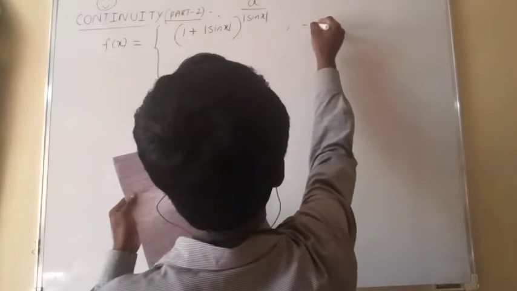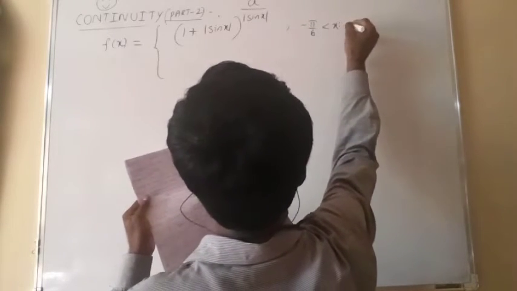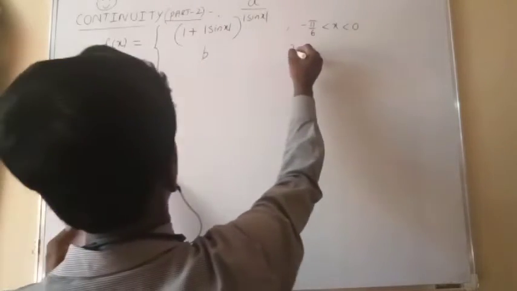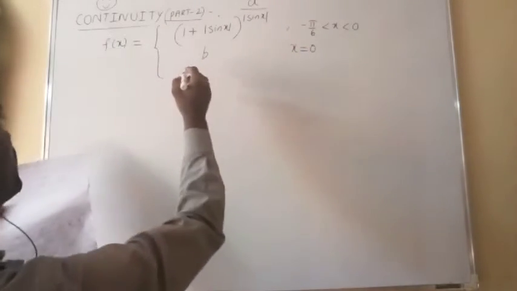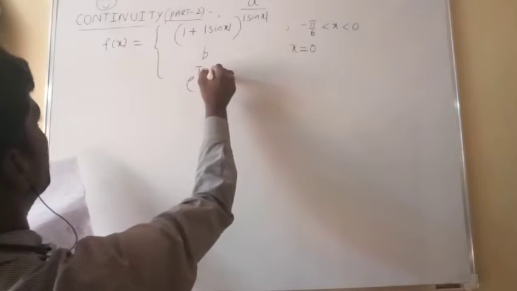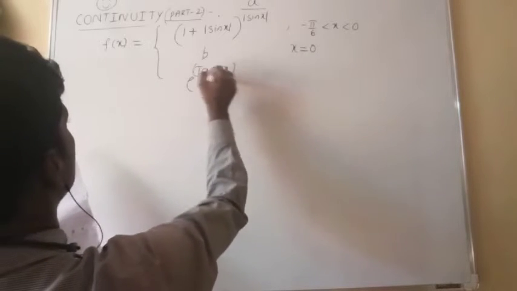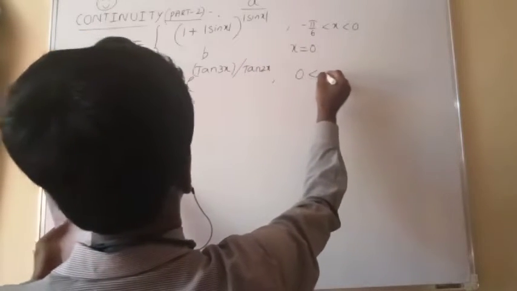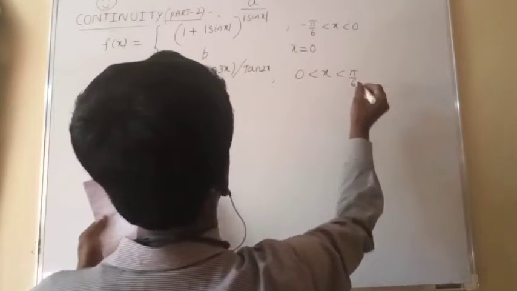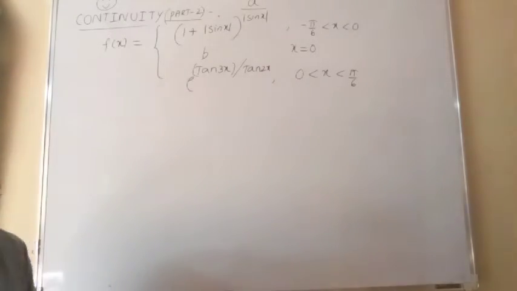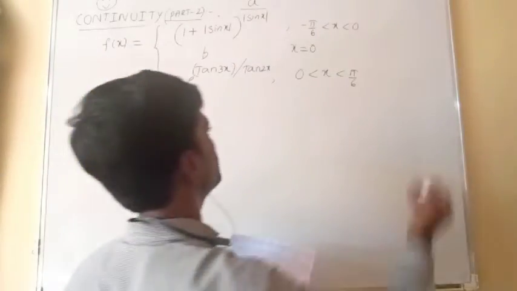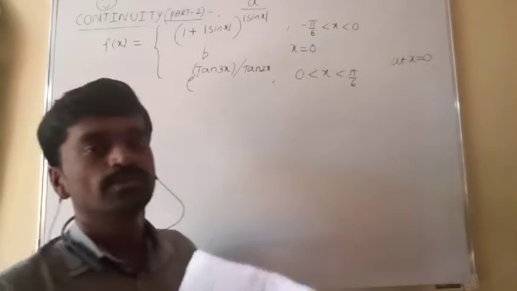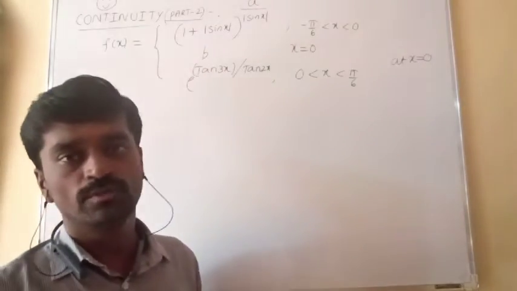For minus pi by 6 less than x less than 0, and its value is b when x is equal to 0, and its value is e power tan 3x divided by tan 2x for 0 less than x less than pi by 6, given that it is continuous function at 0.